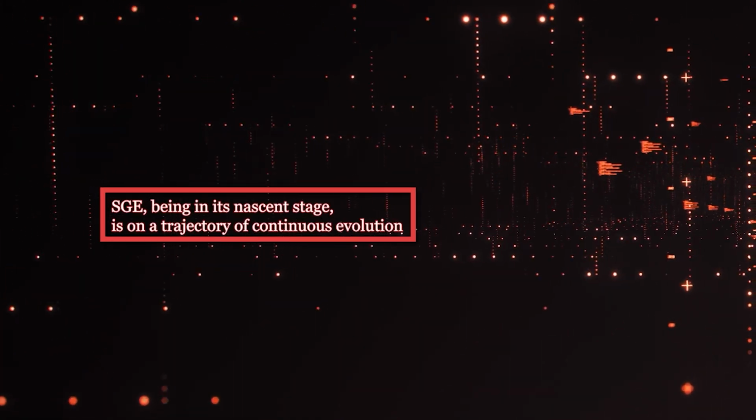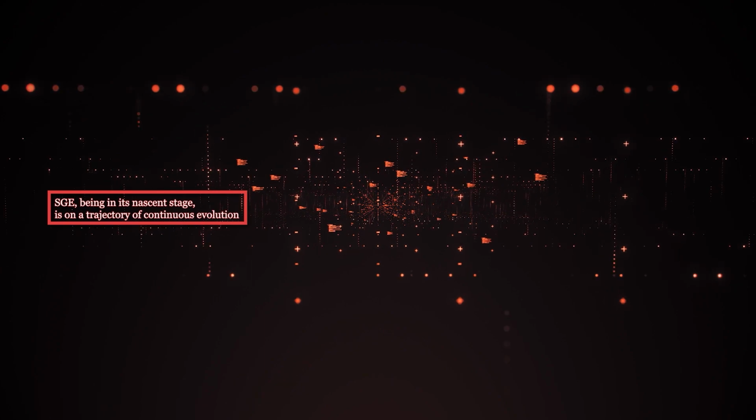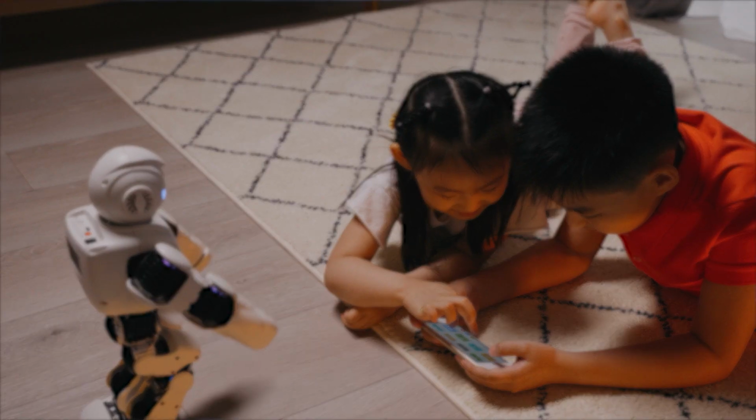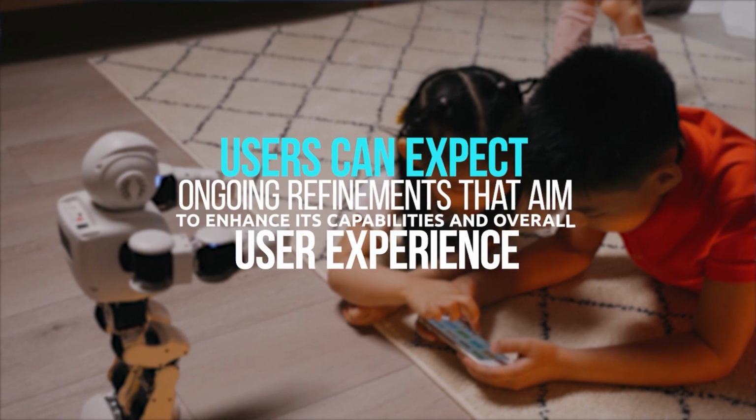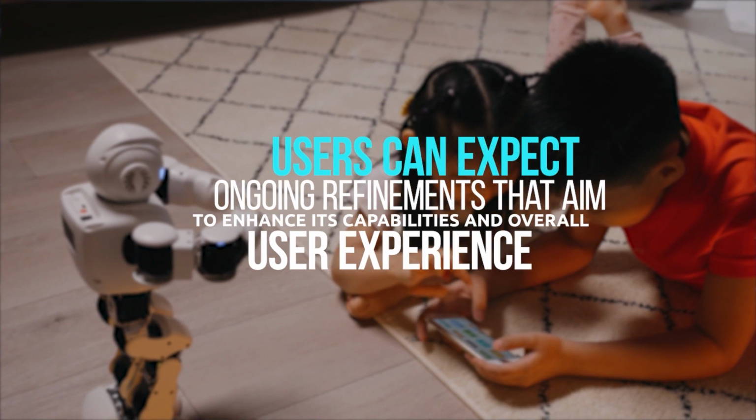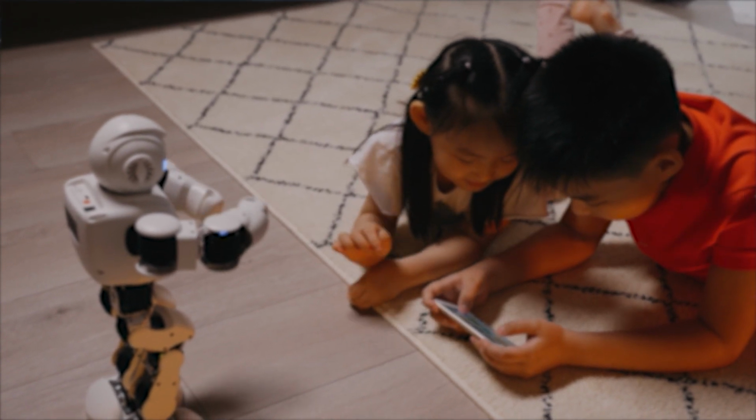3. Continuous evolution. SGE, being in its nascent stage, is on a trajectory of continuous evolution. Users can expect ongoing refinements that aim to enhance its capabilities and overall user experience. 4. User engagement.